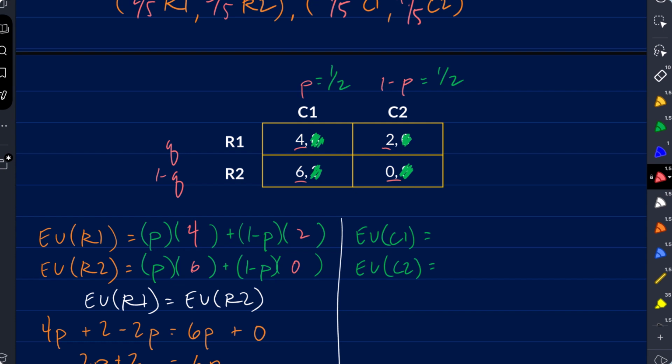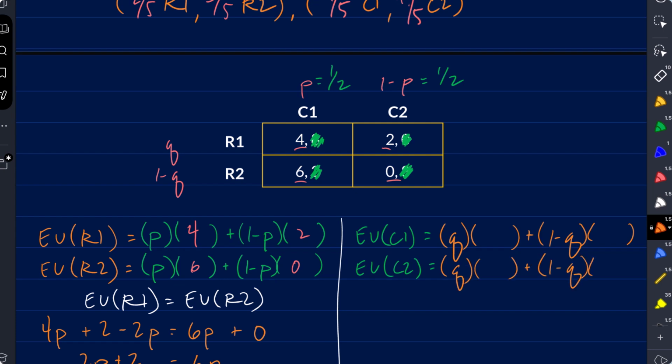Okay, now for player 1, we have Q times something, 1 minus Q times something. Okay, so for C1, the expected utility is going to be Q times 8 and 1 minus Q times 2, and then 0 and 8.